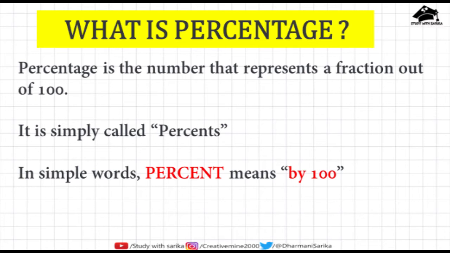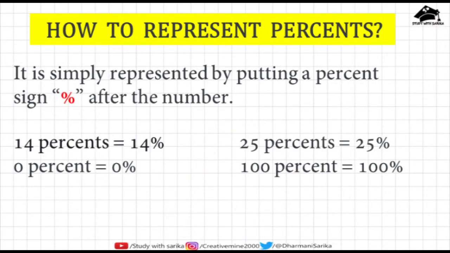There is a simpler way to represent percentage. So what is that? To represent percentages, we have this percentage sign. How to use this sign? Just take a number and put this sign after the number. You can see the examples I have shown here, like 14%.